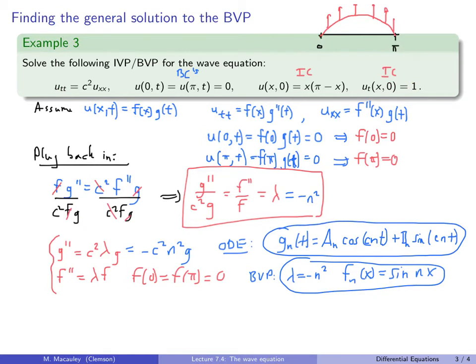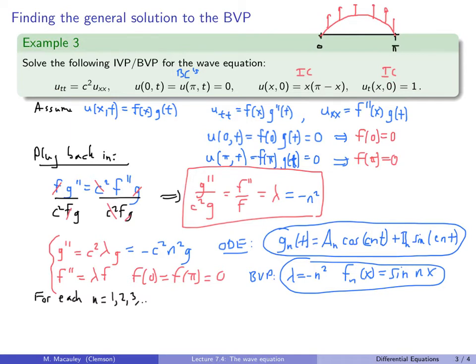Okay, so let's go down here and let's write what we know. For each n, I'm going to start with 1 because for n equals 0 we get 0 for f.